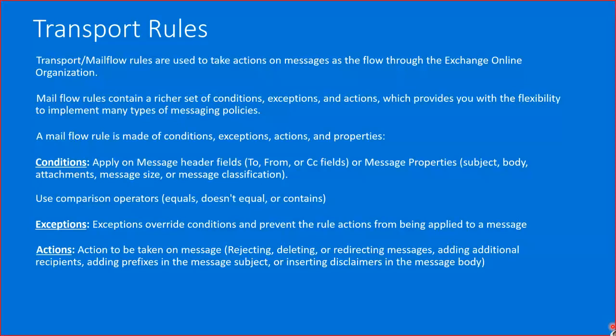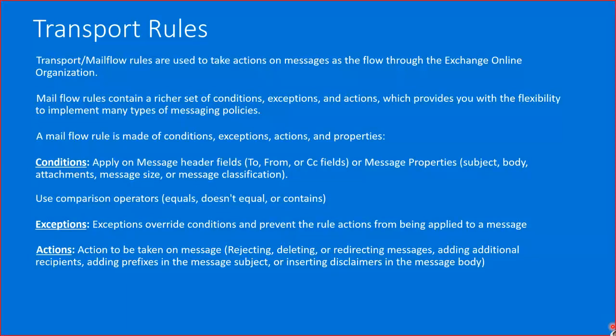Then we have actions. Actions tell the transport rule what's supposed to be done with the message. So actions basically specify what to do with messages that match the condition and don't match the exception.